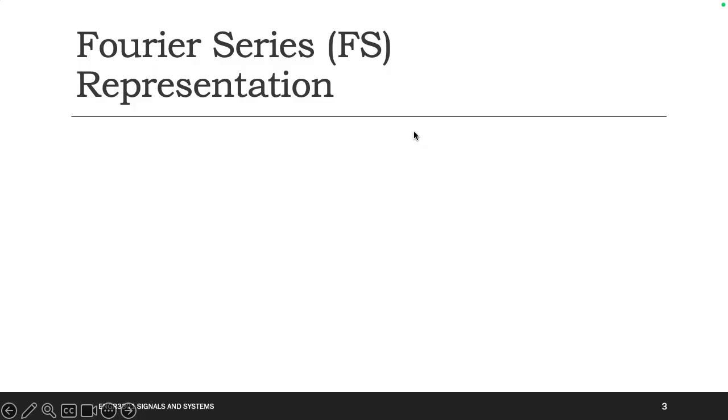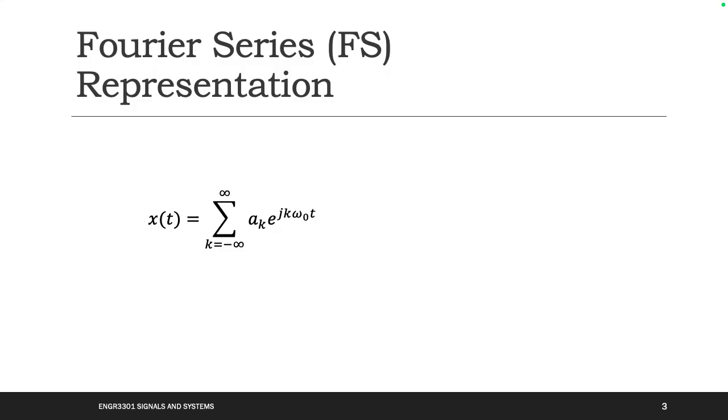Two different things: signal synthesis and signal analysis. What name is this one? Synthesis, which means it can be combined together like that.